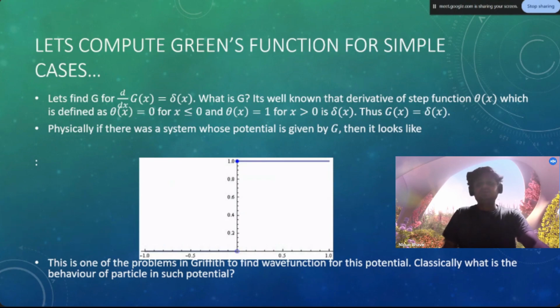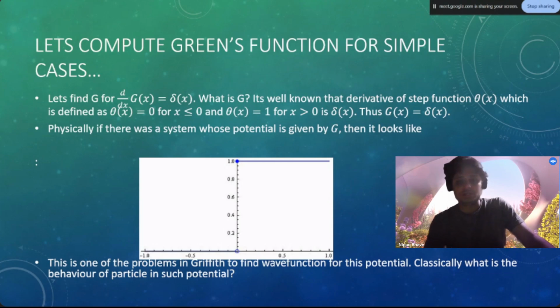Yeah. So this is just the classical picture, but you can also do quantum mechanics with this. Solve for the wave function, extract probability amplitudes, transmission amplitudes, reflection amplitudes, and so on. But this is the very simplest example, theta of x, which is the Green's function for the operator d by dx.